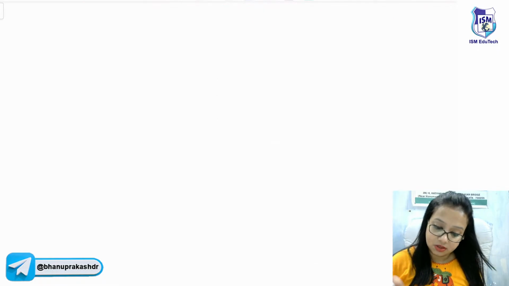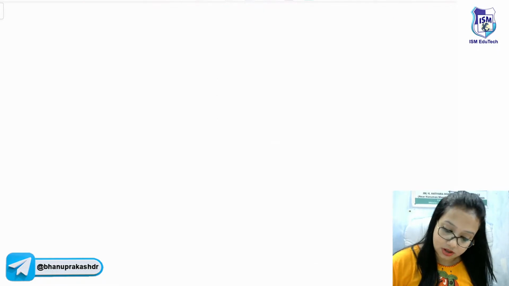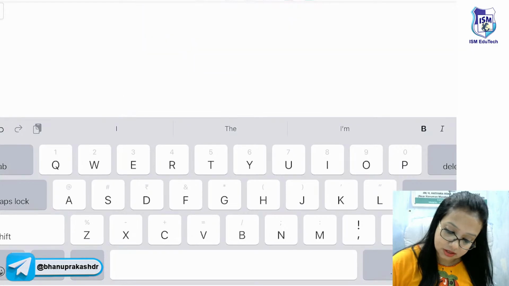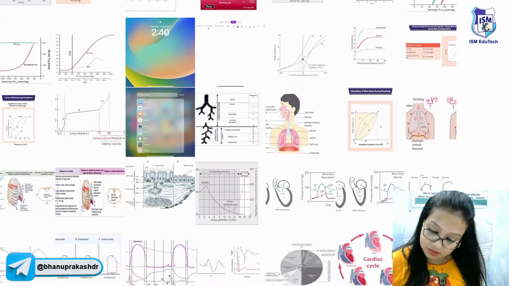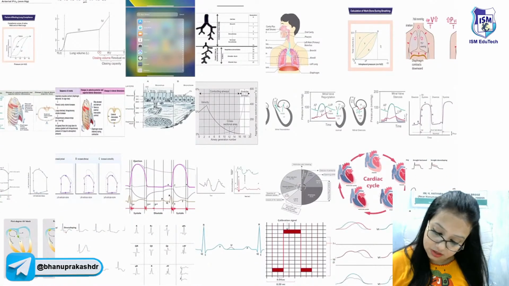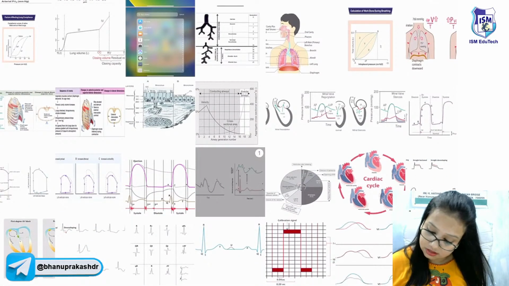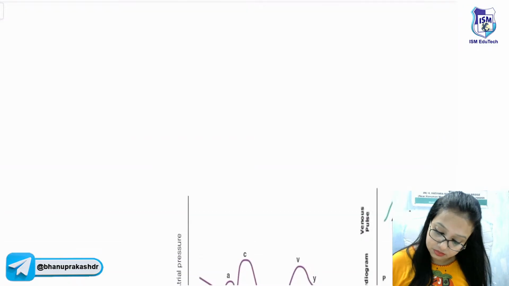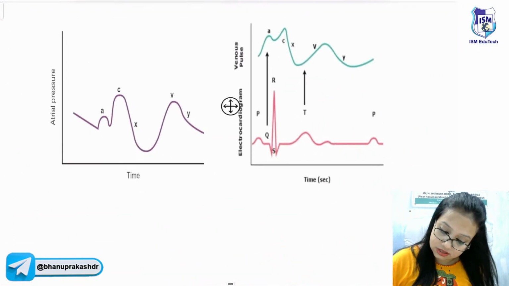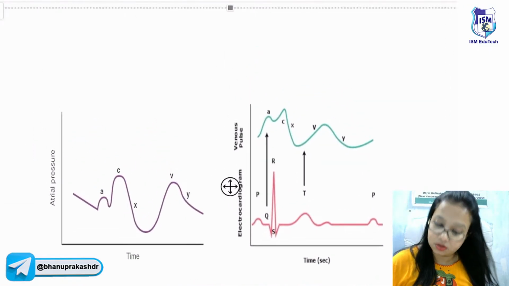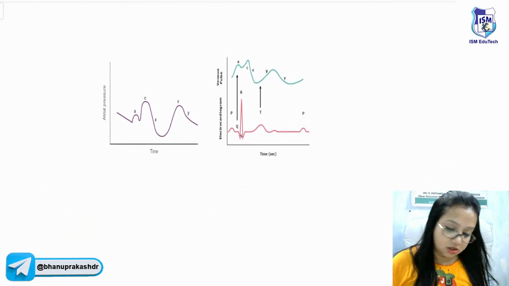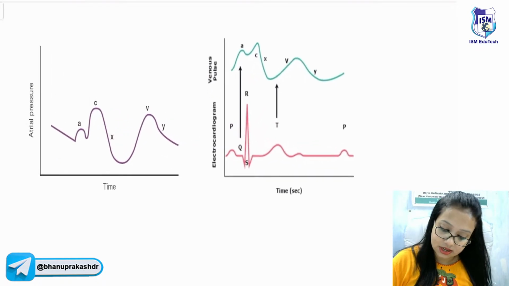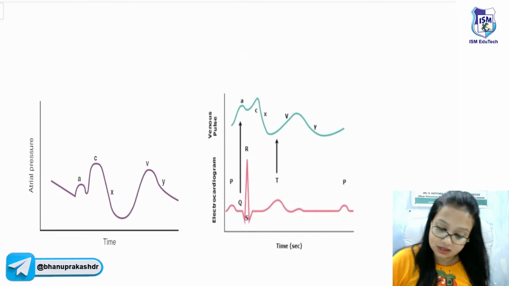Now, for better understanding purposes of the jugular vein pressure, the normal one, we will see this graph. These things are clinically very important. This is the change in the atrial pressure.